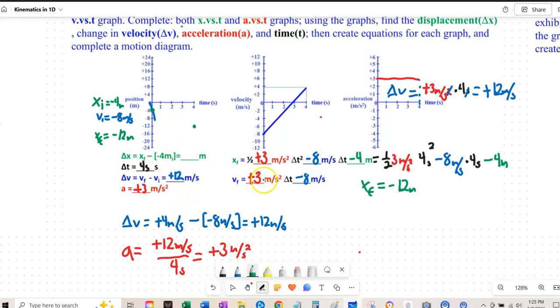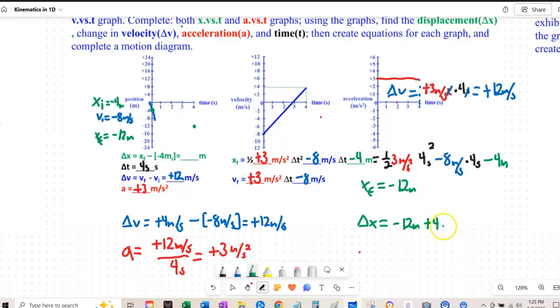The question is asking for the displacement. So let's figure out the total displacement here. We could have figured that out using the area here plus the negative area here plus the positive area here. But let's just do it right here since we have it. -12 meters minus a -4 meters, which is going to be a +4 meters.